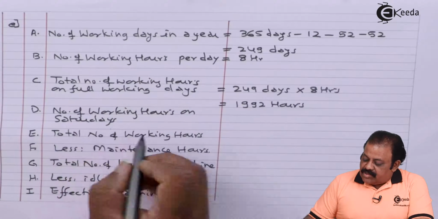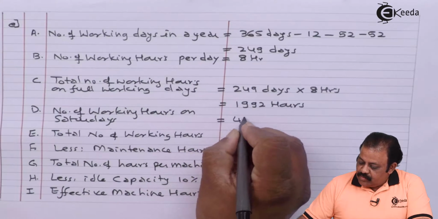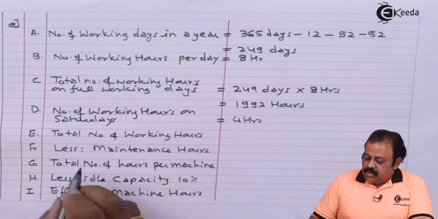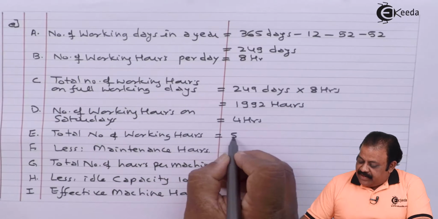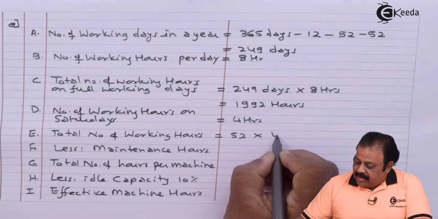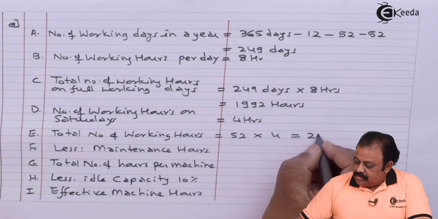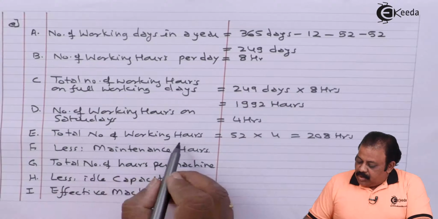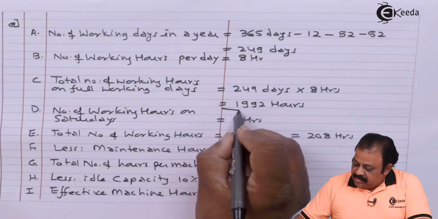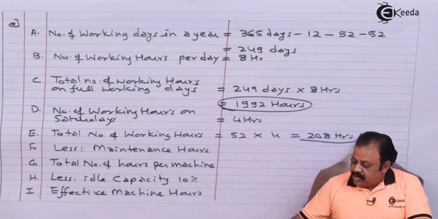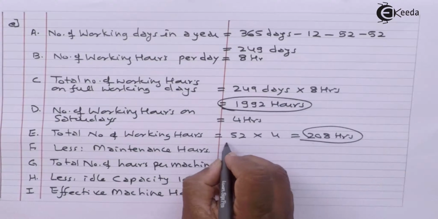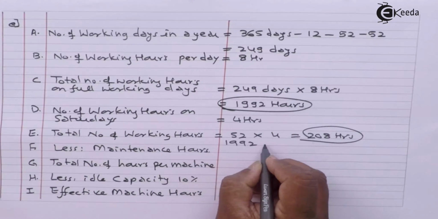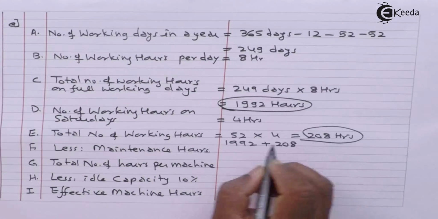Number of working hours on Saturdays, 4 hours. Total number of working hours will be 52 Saturdays multiplied by 4 hours, 208 hours. Total number of working hours, we have to add these two values, 1992 plus 208.